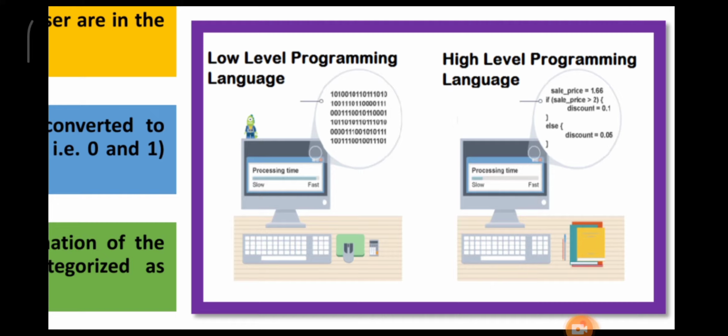But look at the left hand side picture. The instructions are given in zeros and ones where the machine can understand, and the processing time progress bar is much faster than the language that is understood by the human being. Hope this is clear to you.